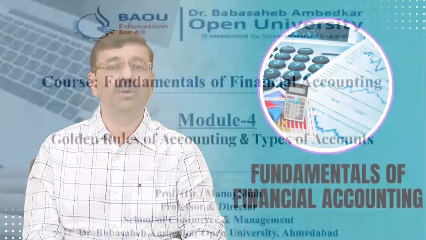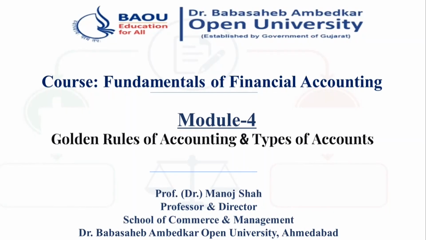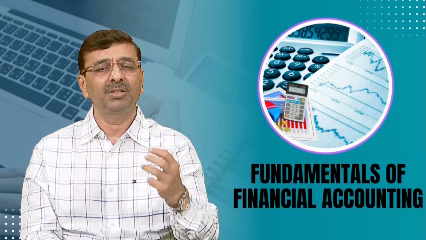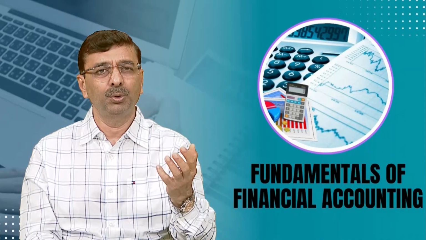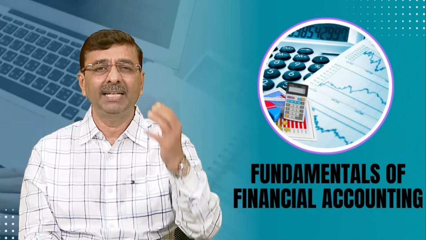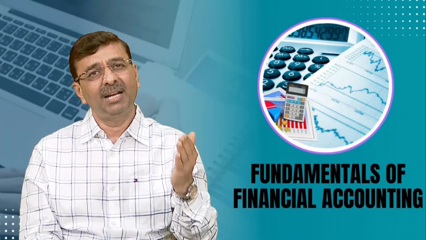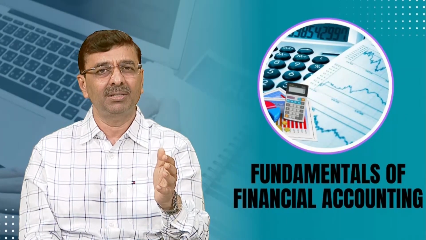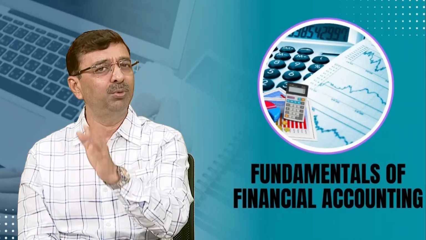In the current module, we are going to discuss the classification of accounts as well as the golden rules of accounts. So how the accounts have been classified and what the rules and regulations of those accounts are. This is important because, as we discussed in the previous modules, monetary value has to be identified in each economic transaction, and after identifying the economic value of each transaction, it has to be recorded in the books of accounts.